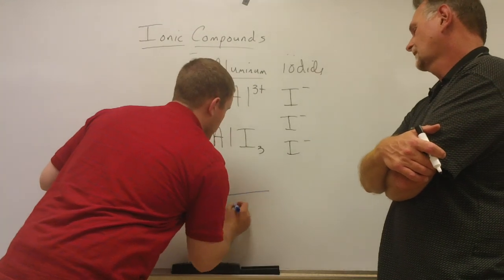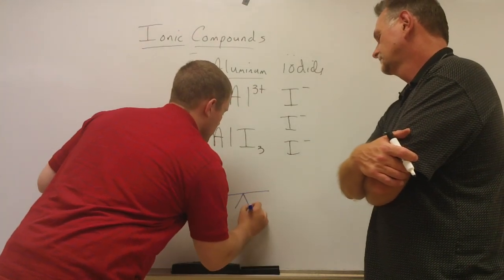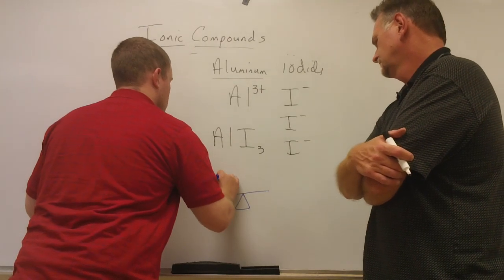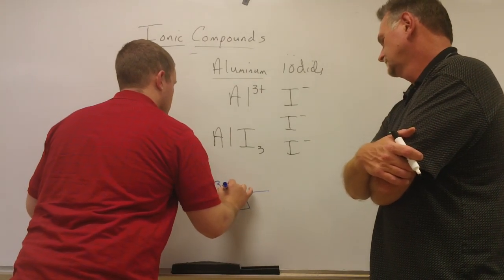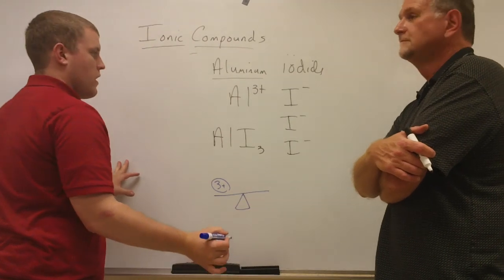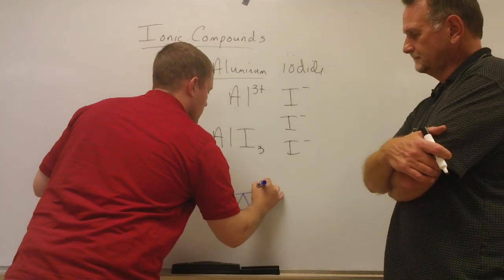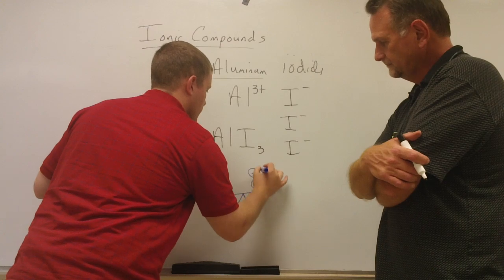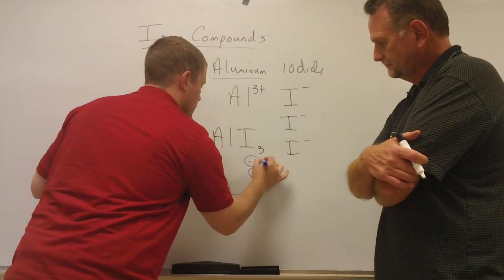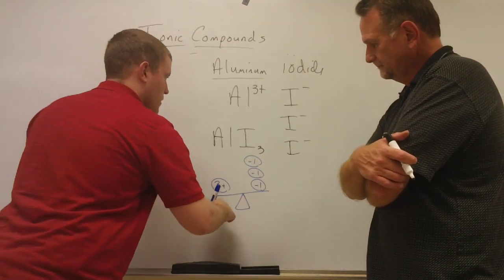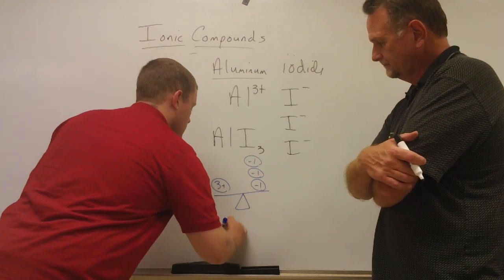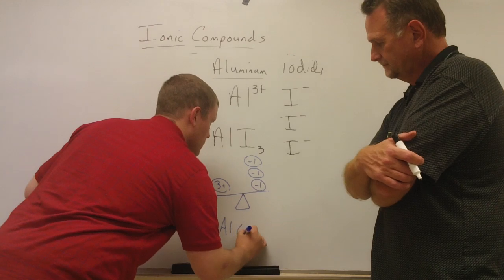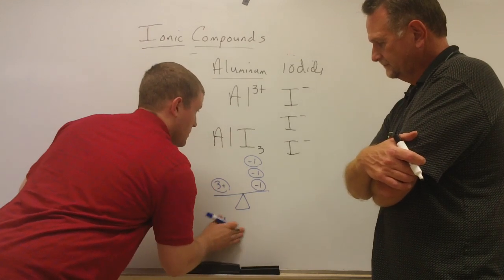So if you have an actual balance, on one side you have 1 aluminum and on the other 1, 2, 3 iodides.